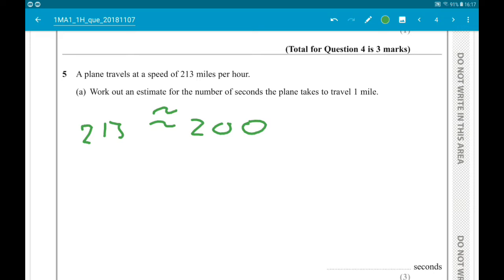Now, we're also going to need to turn 1 hour into seconds. So, 1 hour is 60 minutes, and each minute is 60 seconds. So it's 60 times 60.